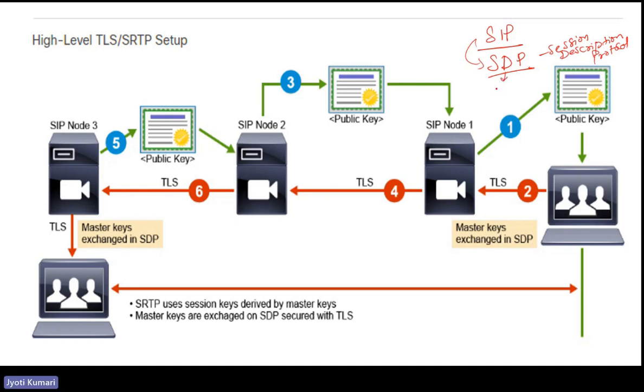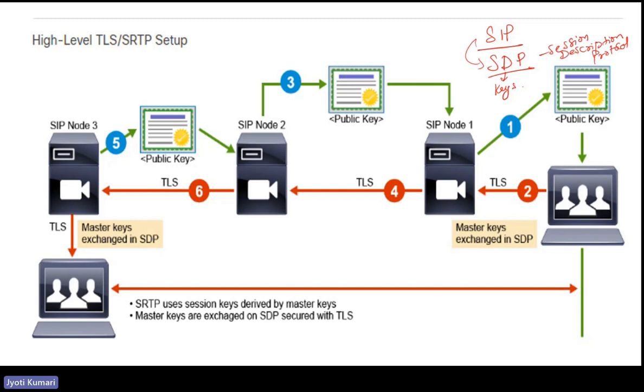The Session Description Protocol contains information about the bandwidth, the codecs used, and the capabilities, and it can also contain the keys for authentication and encryption. So for secure transmission of SIP messages, TLS is used, and media identification and negotiation is achieved using SDP, and SDP uses a master key exchange for the transmission of media streams.